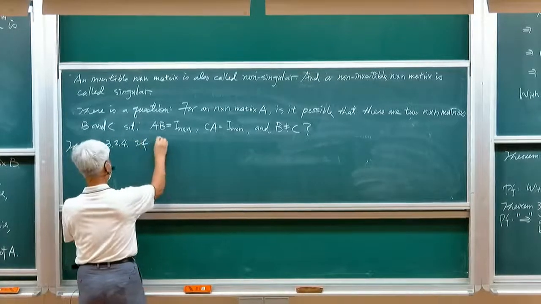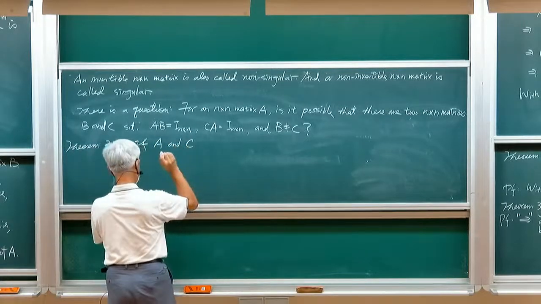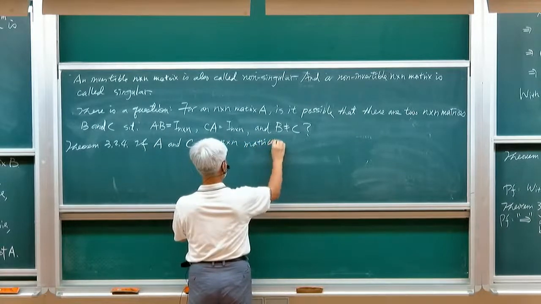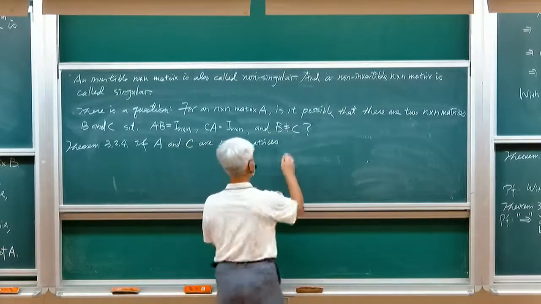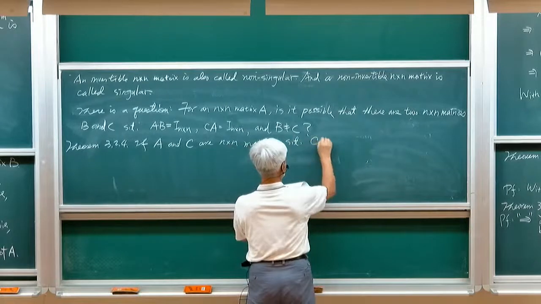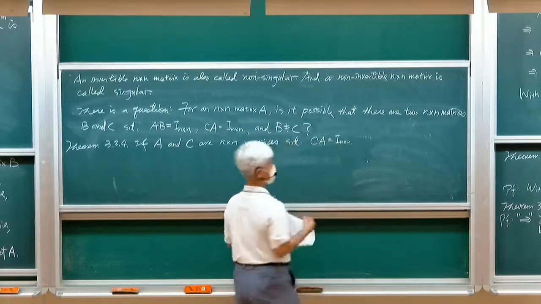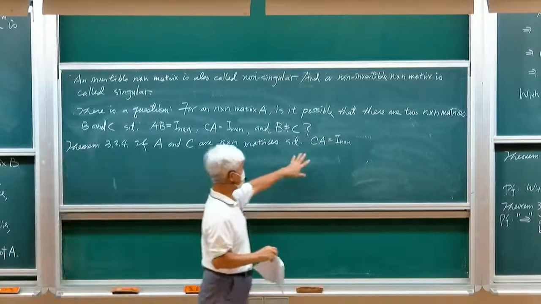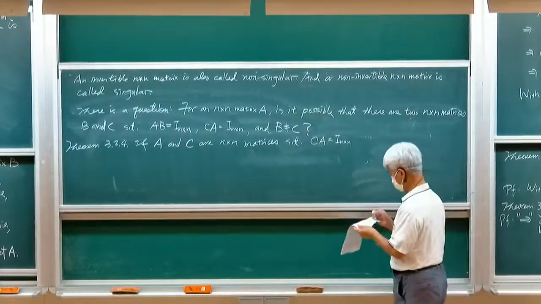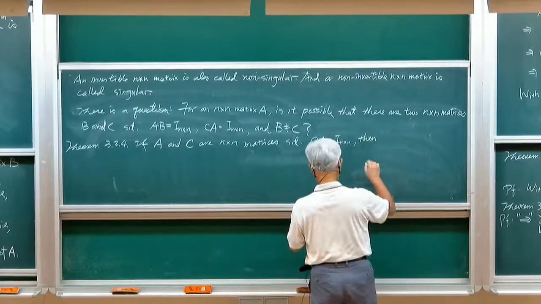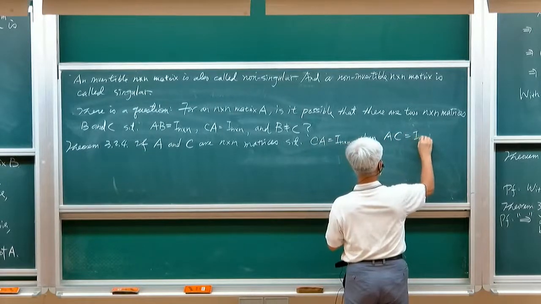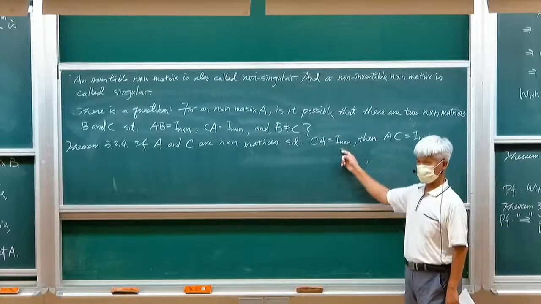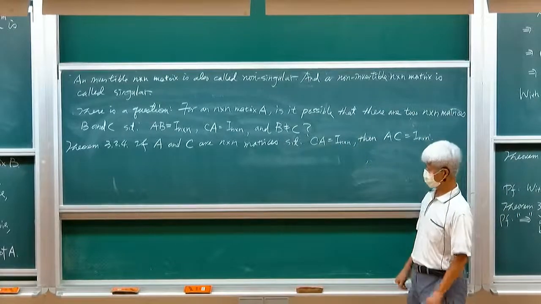If A and C are n times n matrices, so they are square matrices of the same dimension, such that CA is equal to the identity, then we have AC equal to the identity. So this is non-trivial.